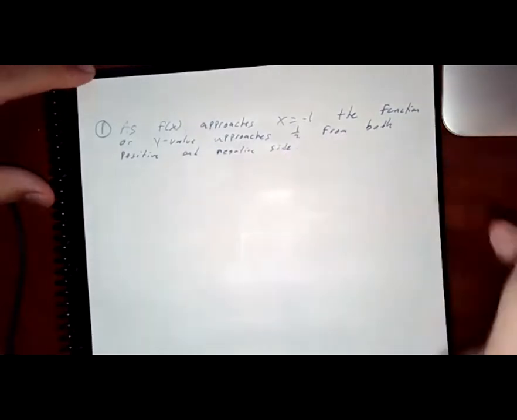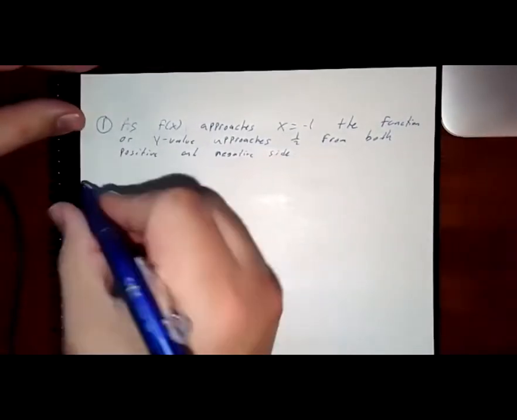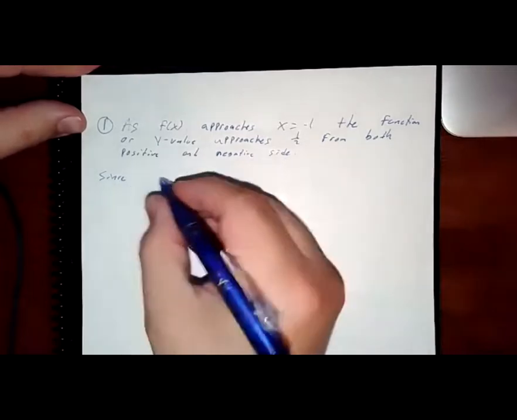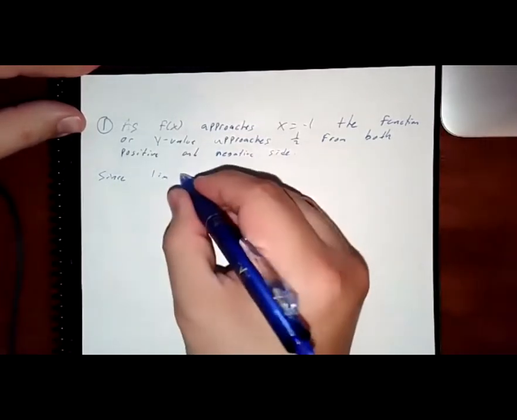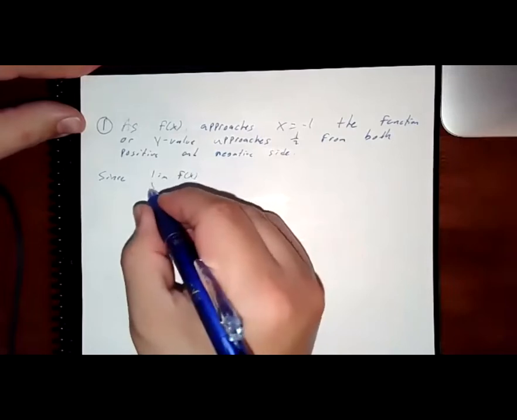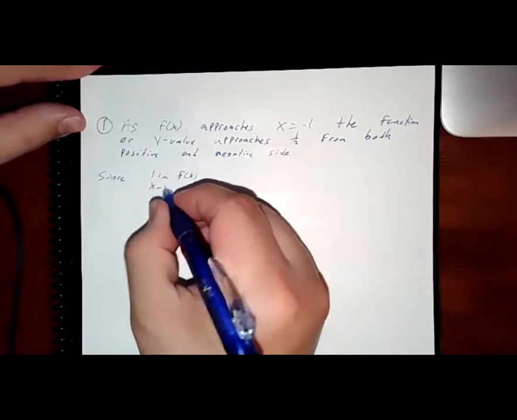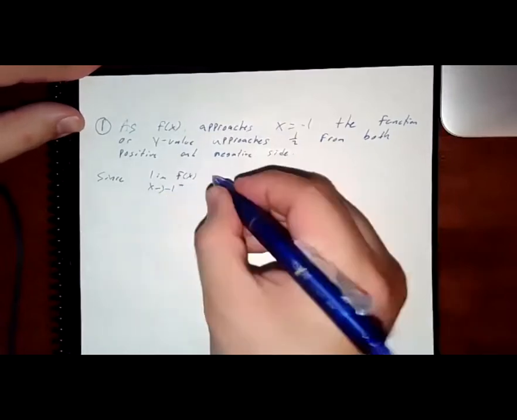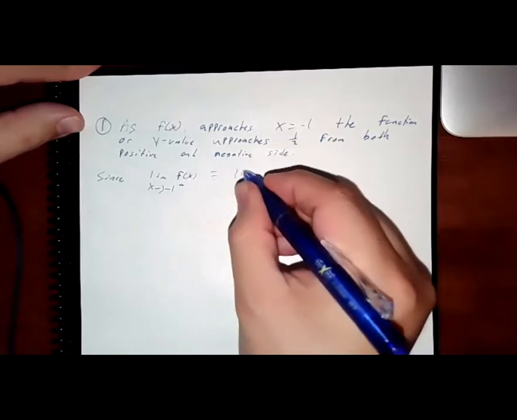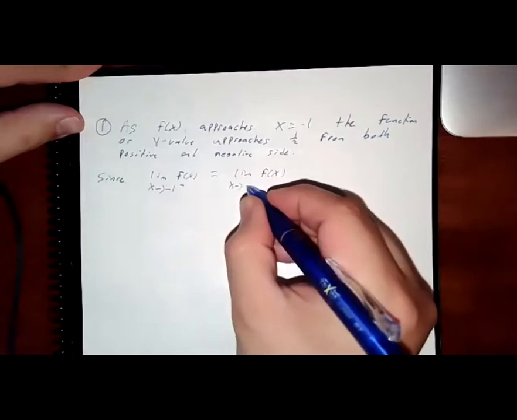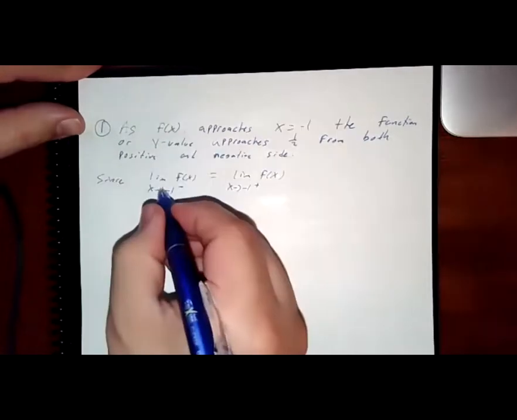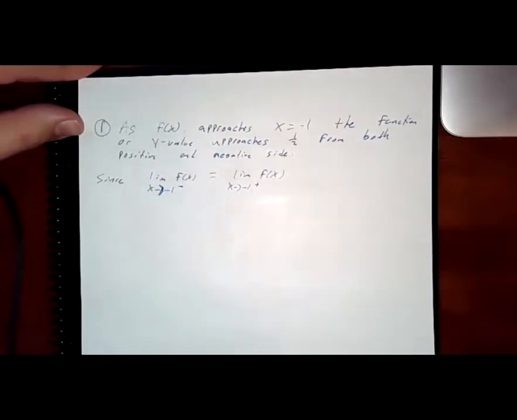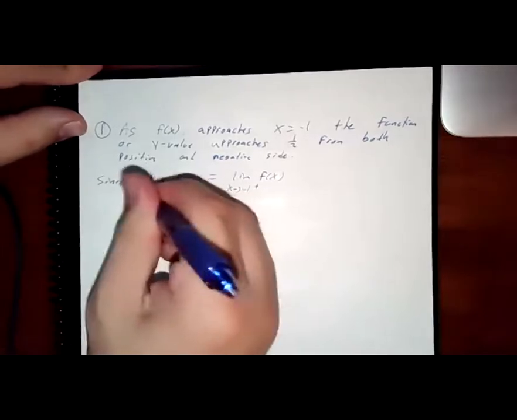If you want to do it in math symbols, you could say, since the limit of f from the negative side, what was the value? Yeah, -1. The limit as x approaches -1 from the left is equal to the limit of f of x as x approaches -1 from the positive side. Since they're both equal, this is an arrow, by the way.